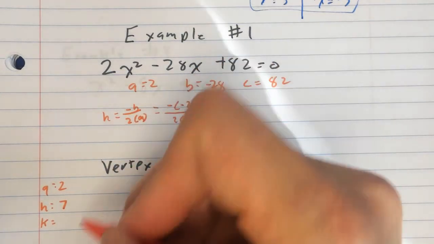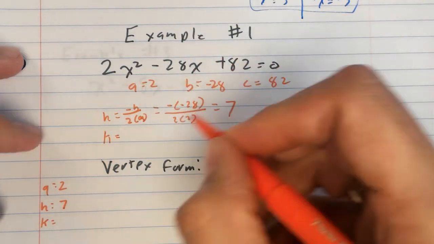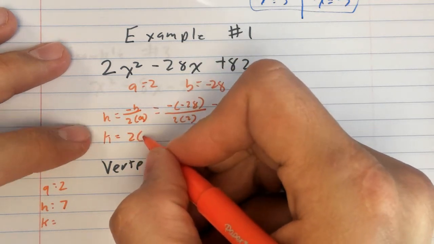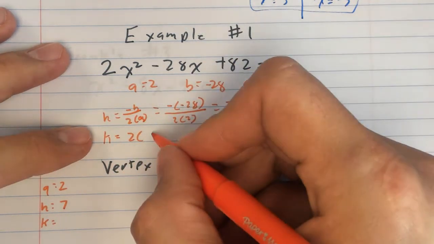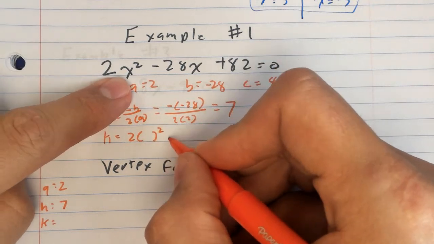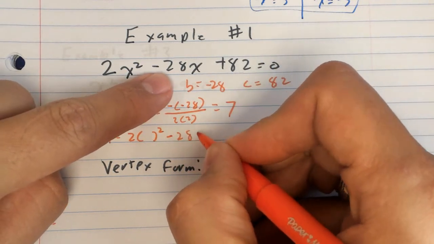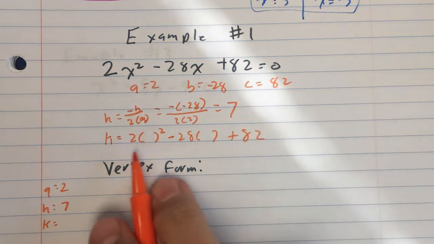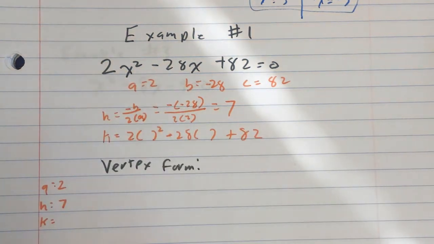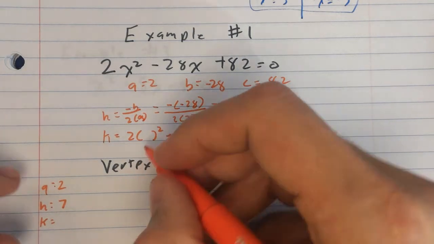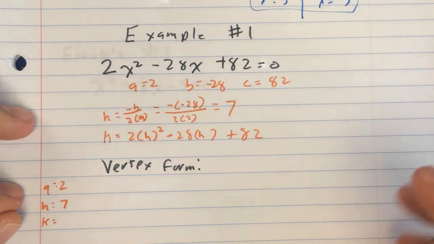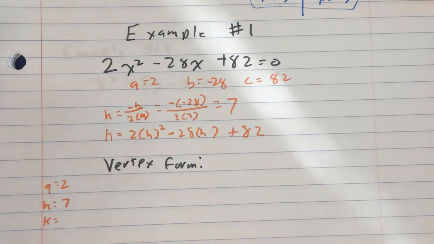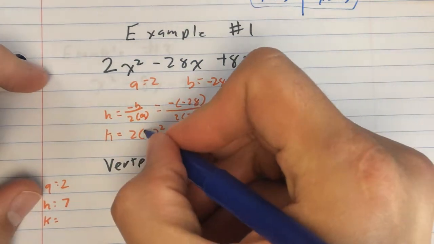To find the K, we're going to plug my H value into this equation. So first, let's write out this equation with my x's missing. My H is going to go in here, in those parentheses, and that H value is going to be that 7.